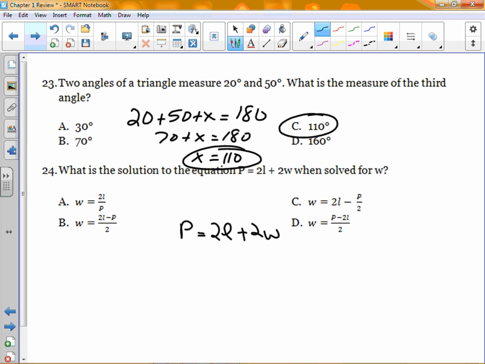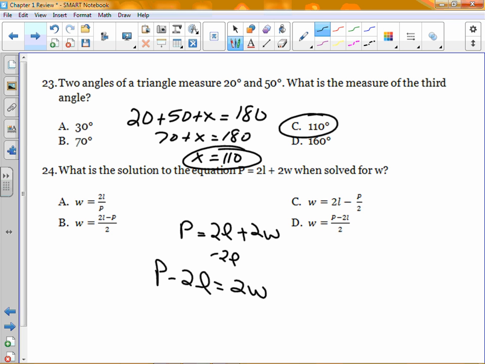But the point I'm trying to get to is that don't look at the screen and start pecking for answers. Get yourself another sheet of paper, keep that stuff organized, and look, if it's a plus 2L on this side, P minus 2L on the other side, look, that's not B. B says 2L minus P. That's the other way around.